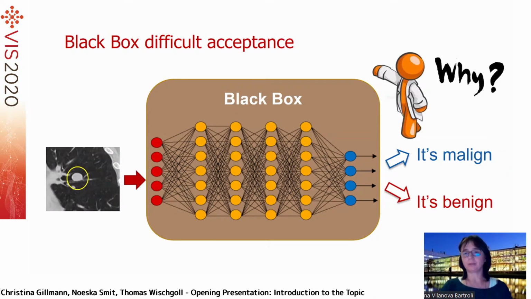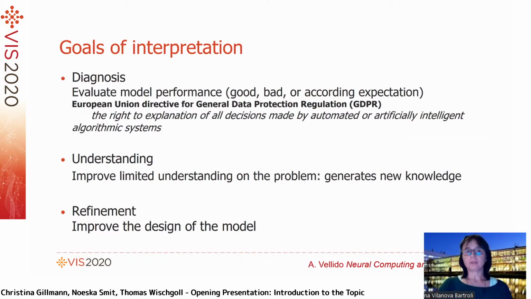But if we go to health, and for example, you have a very well functioning machine learning method that tells you whether tumors are benign or malign, it's still difficult to accept that the doctor will tell you, well, I will remove half of your lung because there is a machine learning method that tells me that you have a malignant tumor, but is not able to explain to you why this is the case, or he doesn't even understand himself why this is the case and why this is needed.